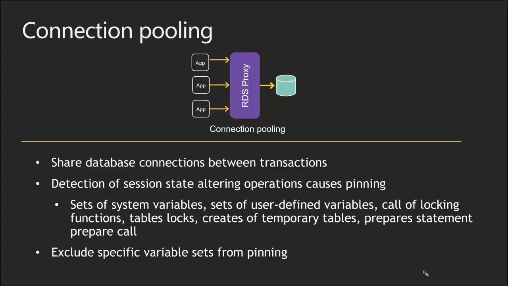Connection pooling pretty much does what it says: it shares a larger number of connections between the application and the proxy, with a smaller number of connections going from the proxy to the database. And one of the things that we do is to detect session states that cause pinning of a connection to the database.